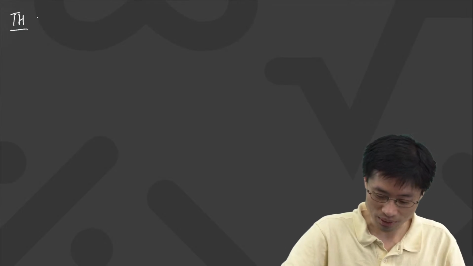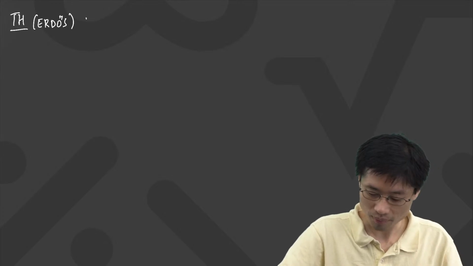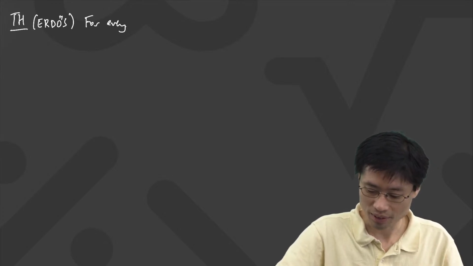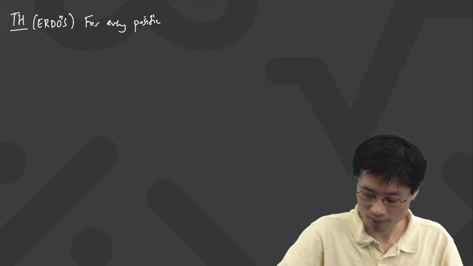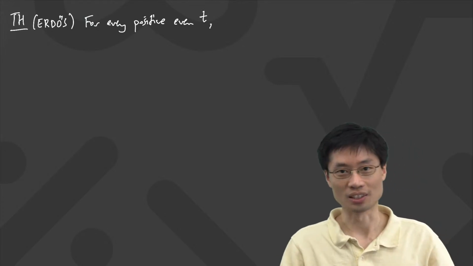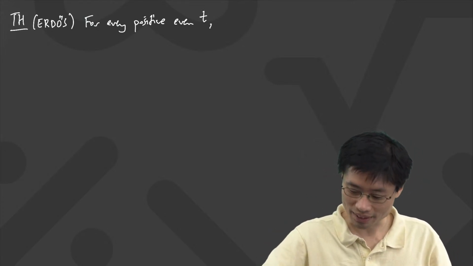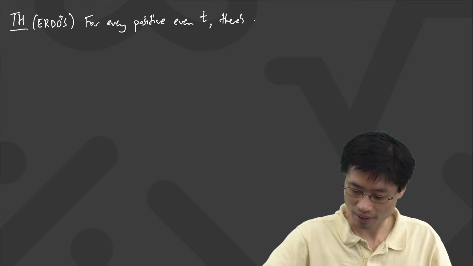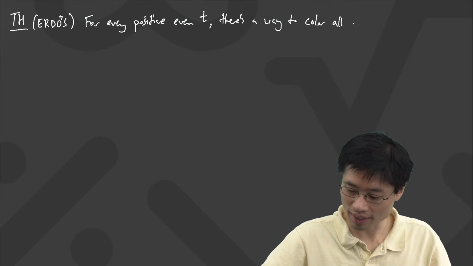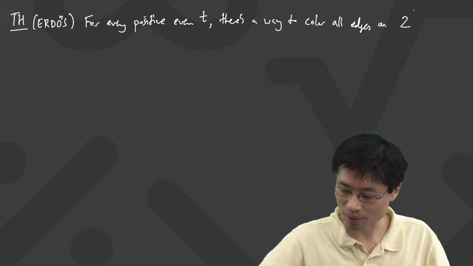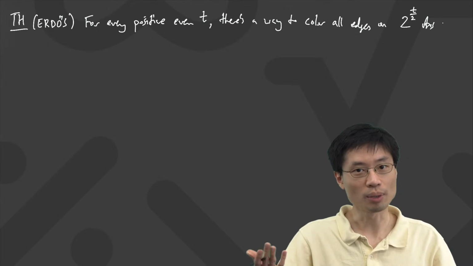So what we'll show, this is by Erdős: for every positive even t, it turns out that there's a way to color all of the edges on, let's write 2 to the power of t over 2 vertices with no monochromatic KTs.